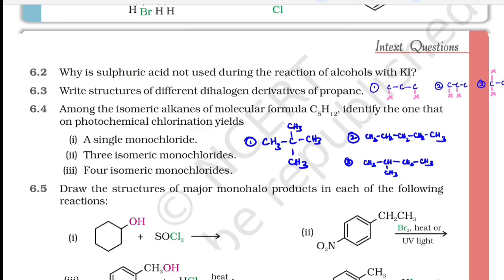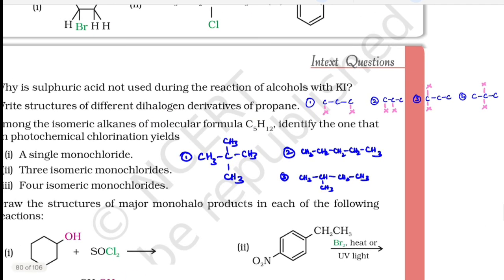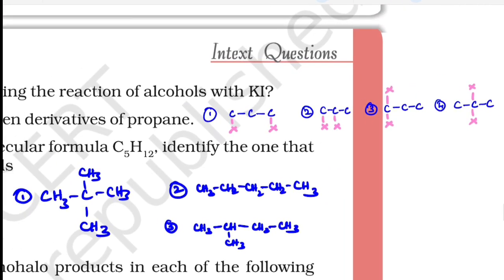Next question: write structures of different dihalogen derivatives of propane. Propane means how many carbon atoms will be present? There will be 3 carbon atoms present. Dihalogen means you have to add 2 halogens to propane. So see here, these are the 4 possible products. Propane means 3 carbon atoms.